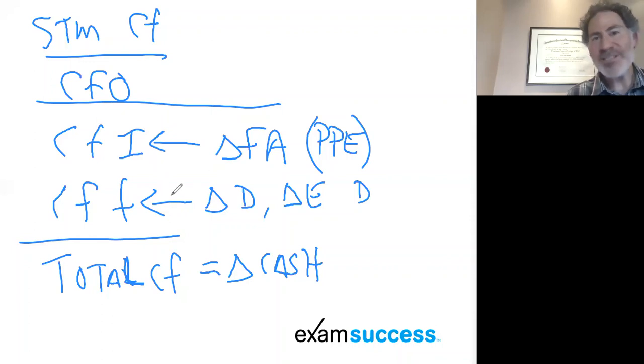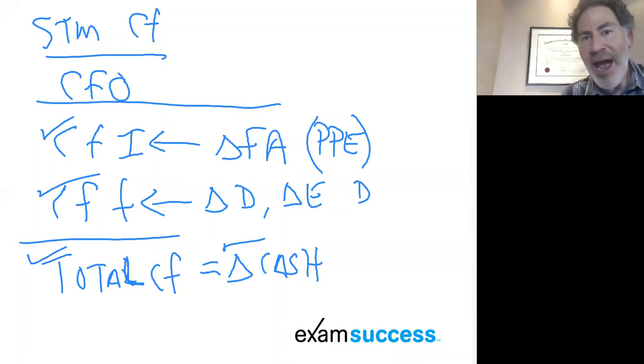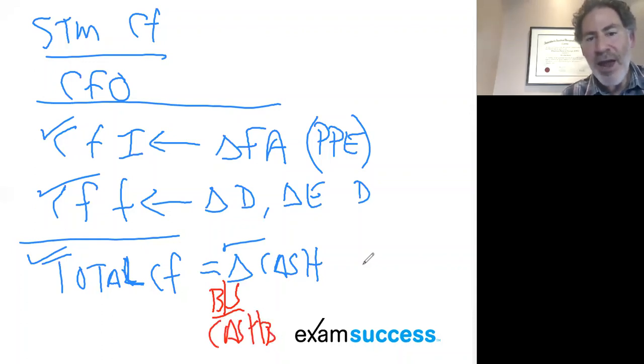Let's now focus in on this. Like I said, if you were given the cash flow from investing activities, the cash flow from financing activities, and the total cash flow or the change in cash, and by the way, another way of looking at that change in cash is on your balance sheet: the cash at the beginning of the year and the cash at the end of the year.